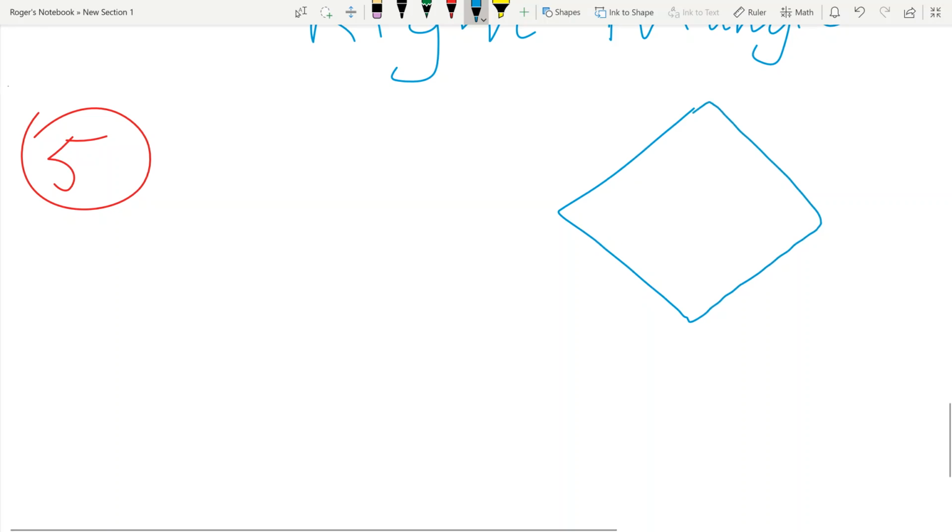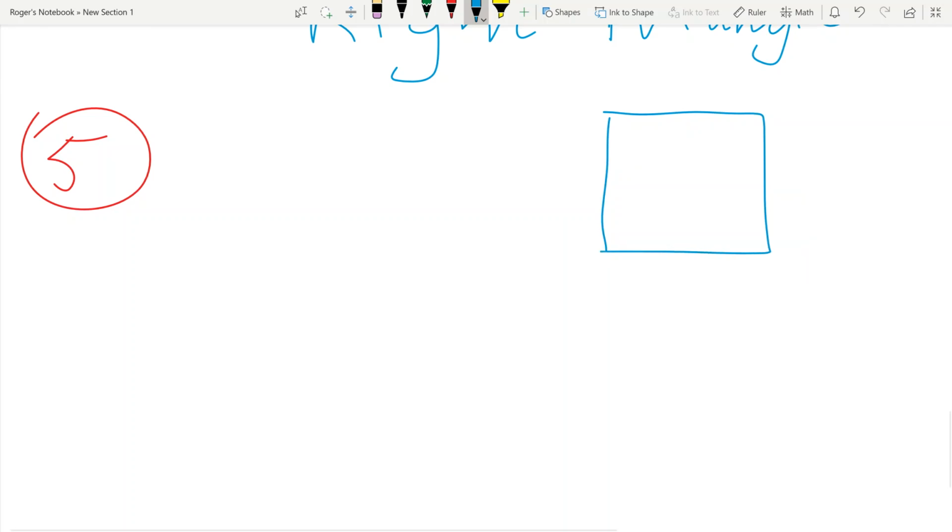So here's our square. It doesn't look so great, does it? Yeah, that looks a little better. So this is a square. And as a square, we know that squares have right angles. They're a special type of quadrilateral. A square is a special type of rectangle where sides are equal.